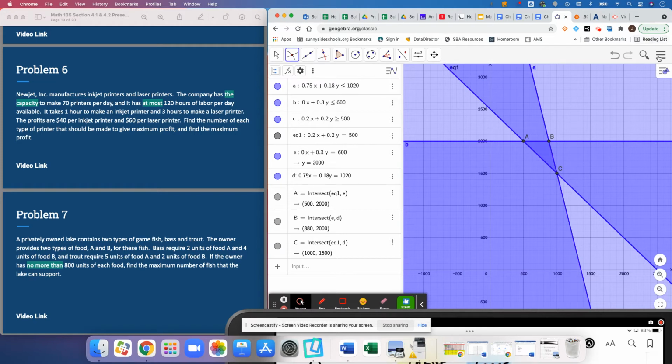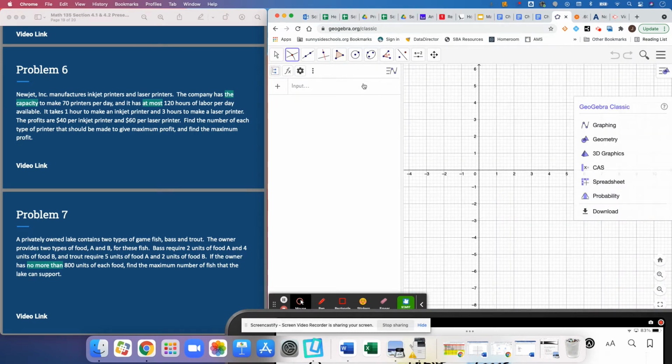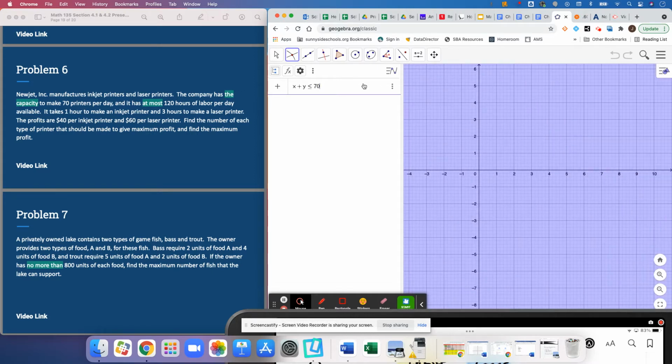And so again, we go new, don't save. And we've got X plus Y has to be less than or equal to 70.